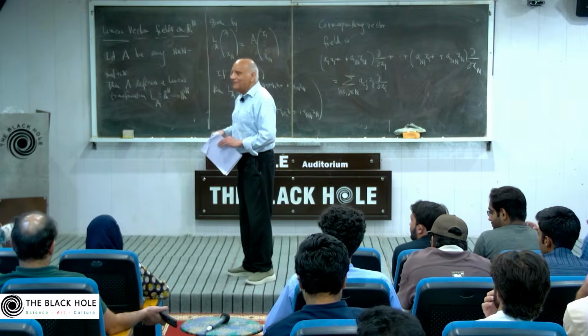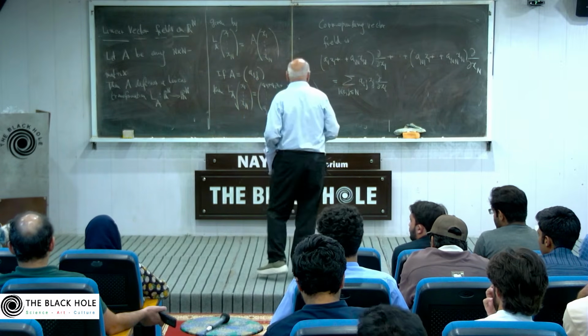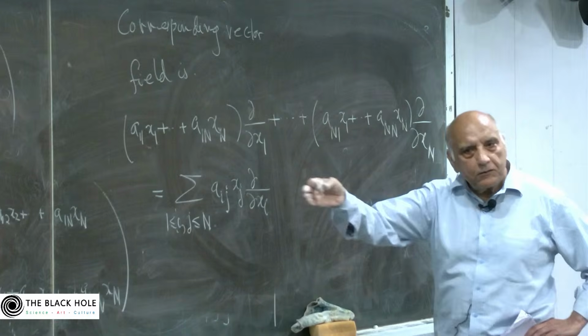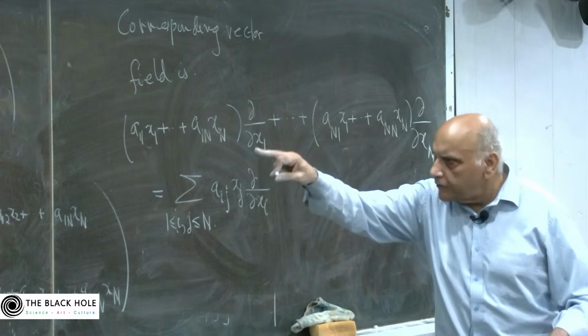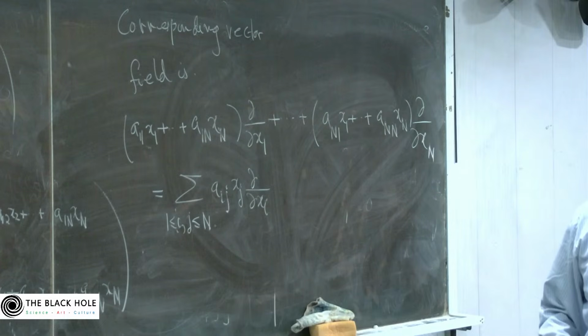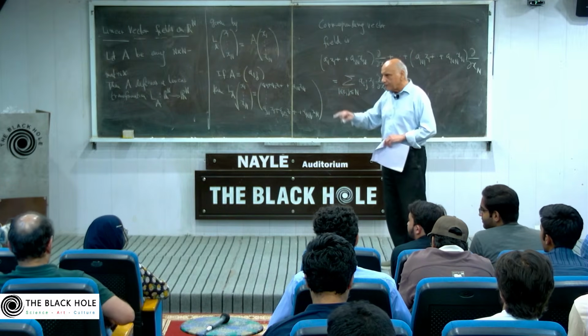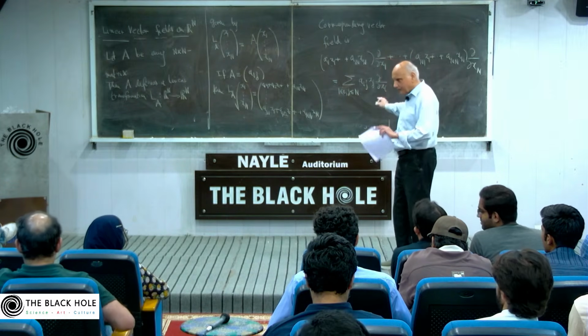No, I'm comparing vectors within the same tangent plane. No, these are vector fields defined everywhere, not just for matrices. No, this is very important. I will answer it with an example. Just let me state this first and then I will.